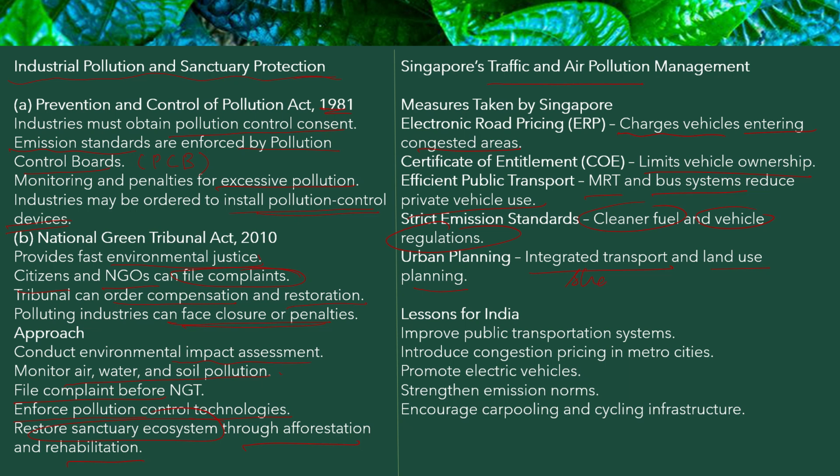Like you have shared taxis, those could be used here. Improve your public transport, introduce congestion pricing in metro cities, promote electric vehicles, strengthen your norms, and encourage carpooling and cycling infrastructure. Carpooling is basically sharing, shared taxis and all.